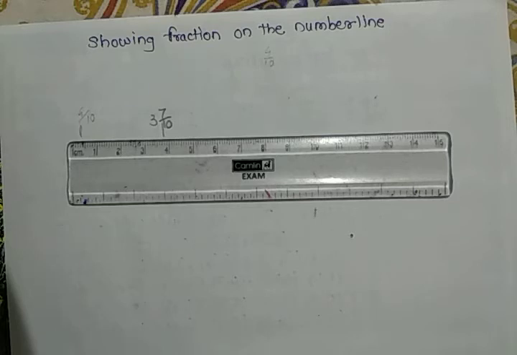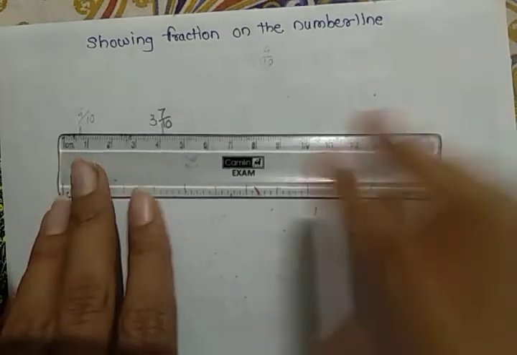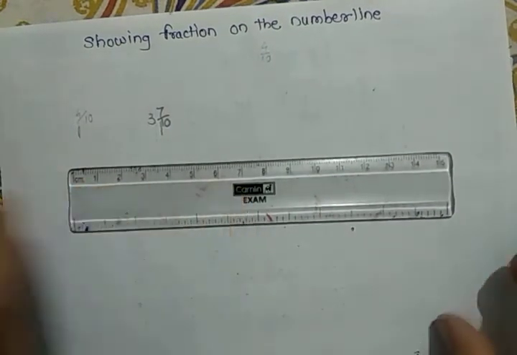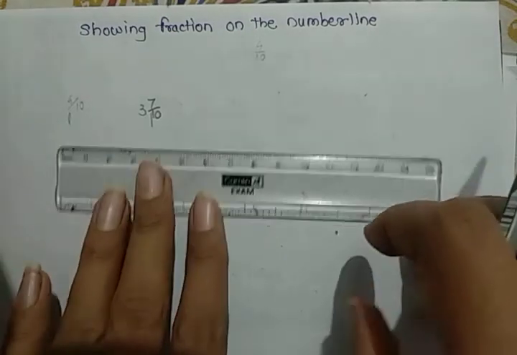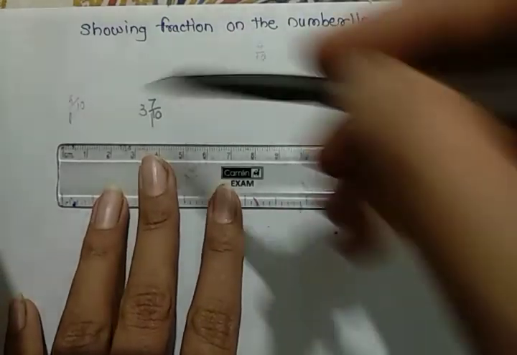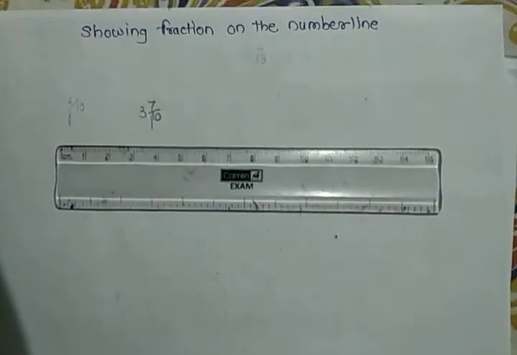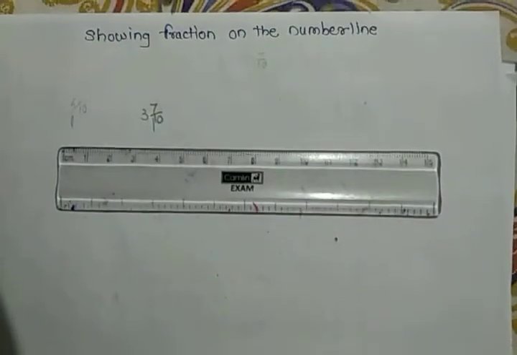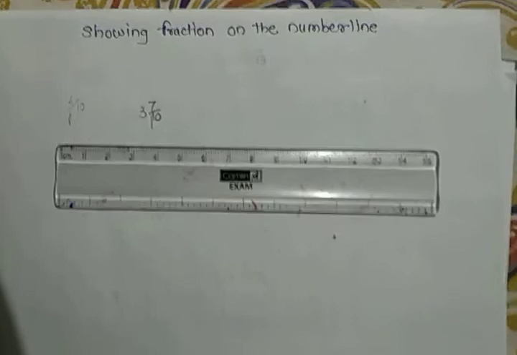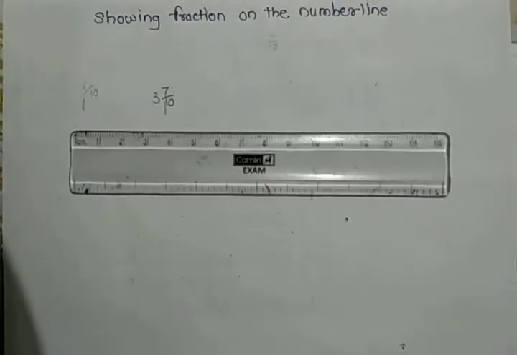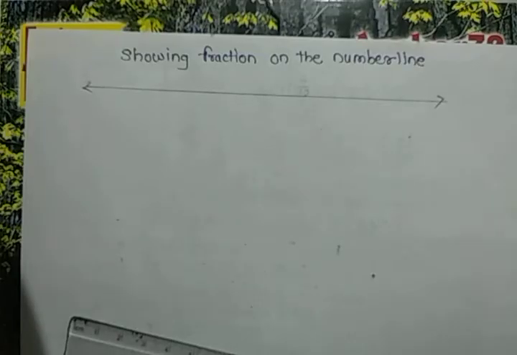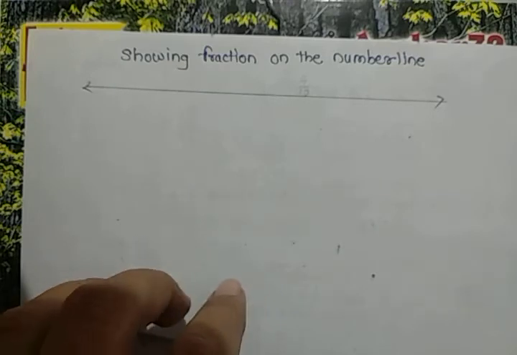Let us show the fractions 2 upon 3, 4 upon 3, 7 upon 3 on the number line. Let's see. First, draw a number line. See, this is a number line.